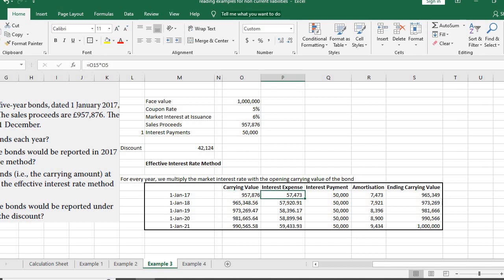The interest expense was £57,473. We had to make an interest payment of £50,000 to bondholders. It depends on the face value and coupon rate. So the difference between your interest expense and payment was 7,473. So the ending value of the liability increased to 965,349. So every year at year end, these are the values of the liability that we are going to report on the balance sheet.